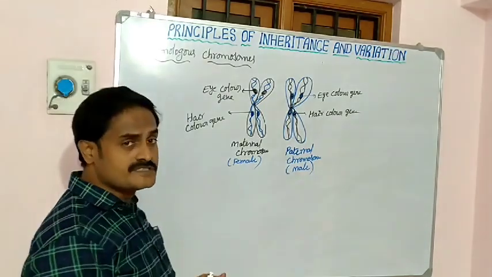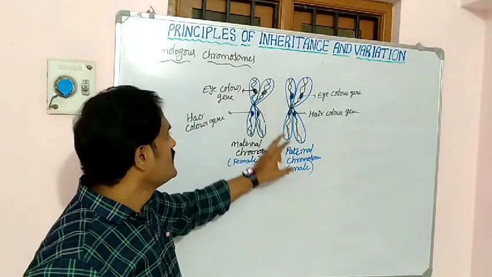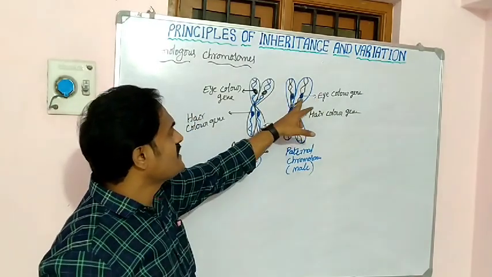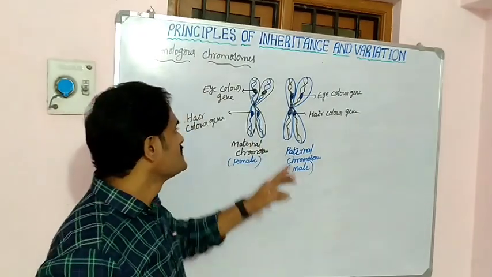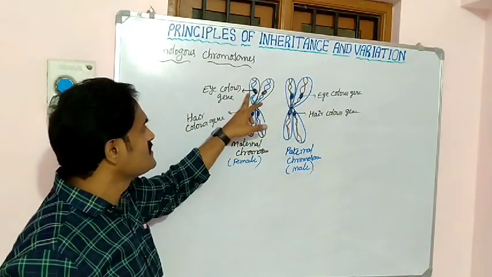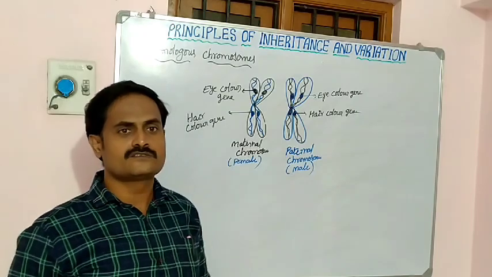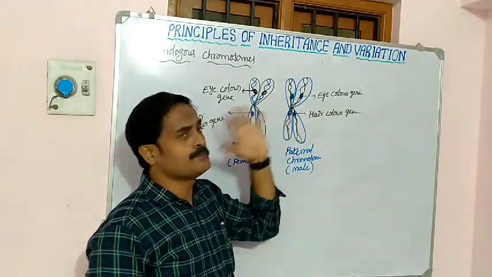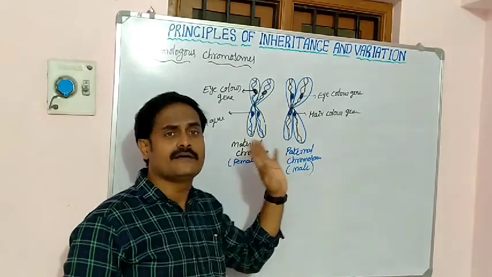When we observe the maternal chromosomes and paternal chromosomes, the same genes are present at the same location of DNA. This gene is related to eye color, and here also a gene is located at exactly the same position, in both paternal and maternal chromosomes.